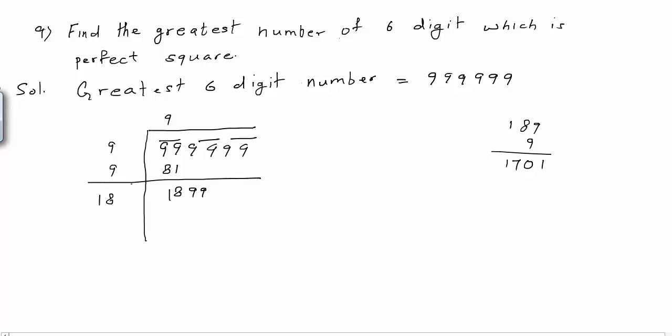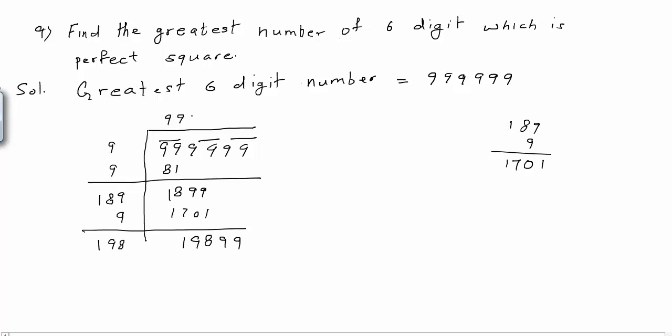So I will write 9 here and 9 in the quotient, and I will get 1701. Subtract: 9 minus 1 is 8. I add this 9, 9 9 is 18. Then I bring these two 9s down.